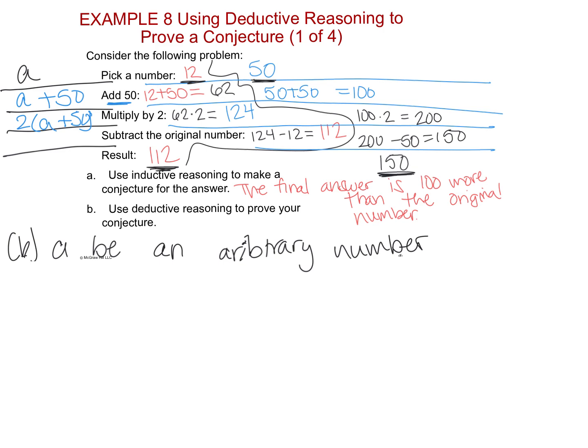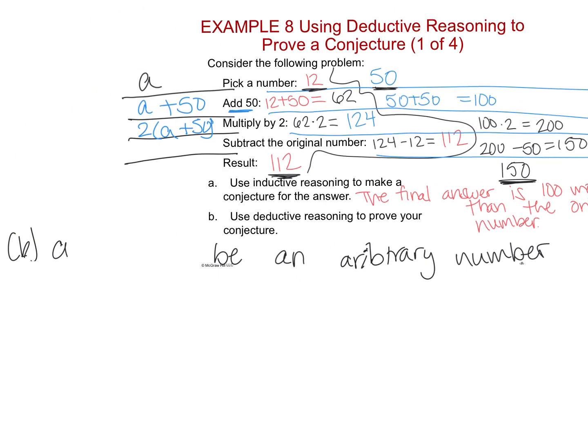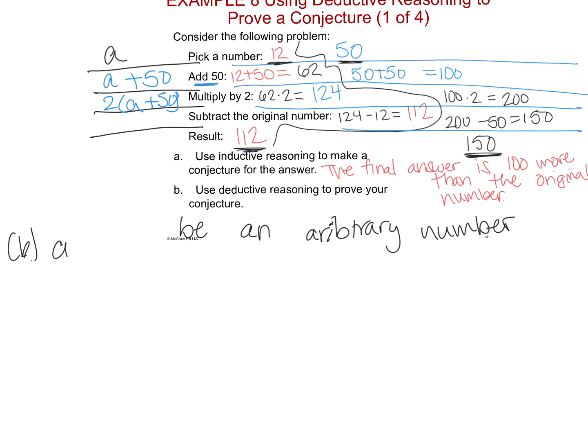So if I have 2(A plus 50) minus A, I'm going to have to use my distributive property, right? So 2 times A is 2A, and 2 times 50 is 100.